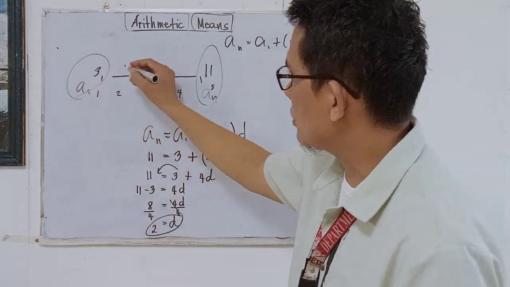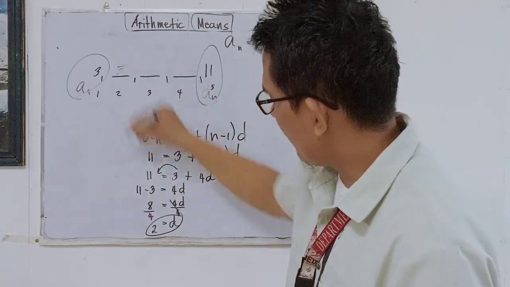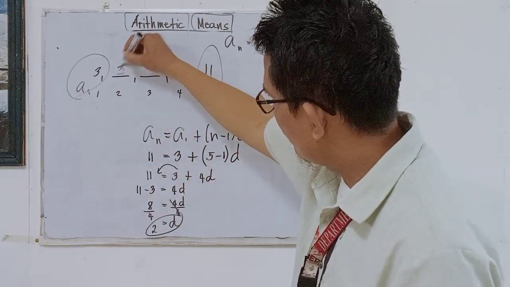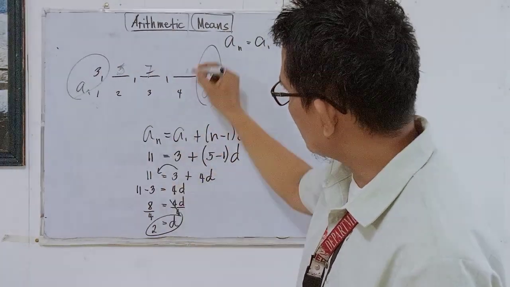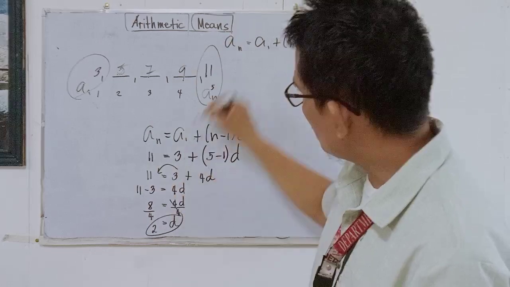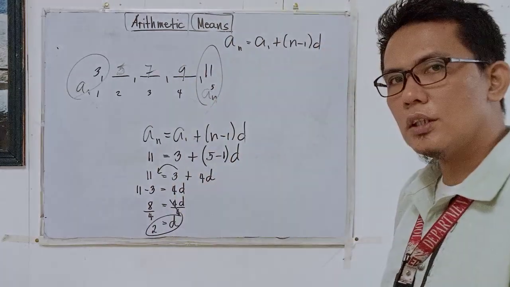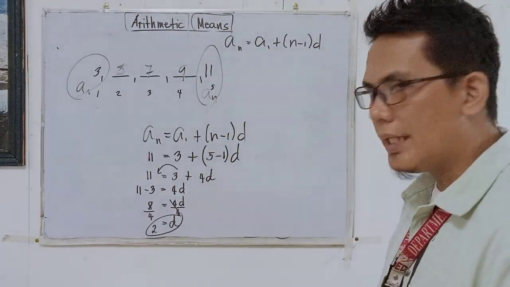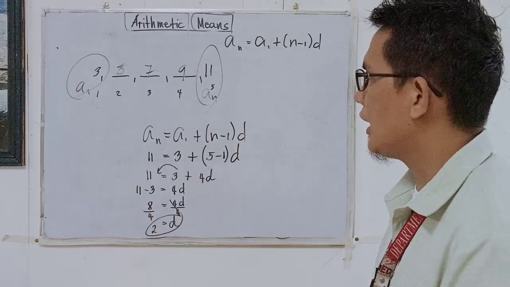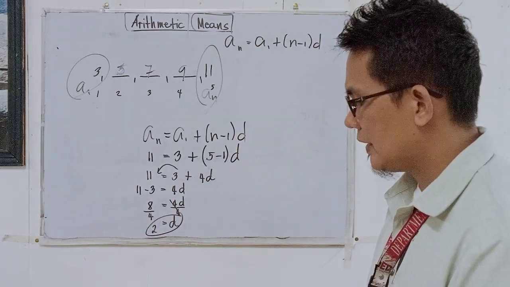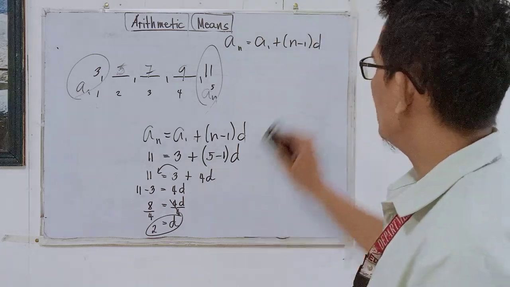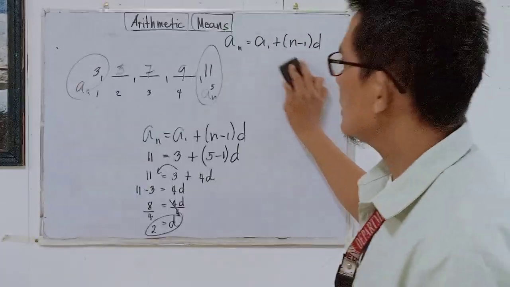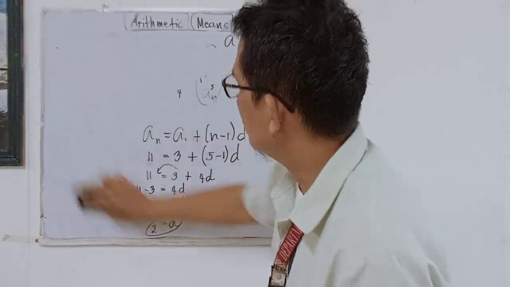So this is 5: 3 plus 2 is 5. 5 plus 2 is 7. 7 plus 2 is 9. 9 plus 2 is 11. So therefore, the 3 arithmetic means to be inserted between 3 and 11 are 5, 7, and 9. So, as simple as that. Okay? So let's now go to our next example.